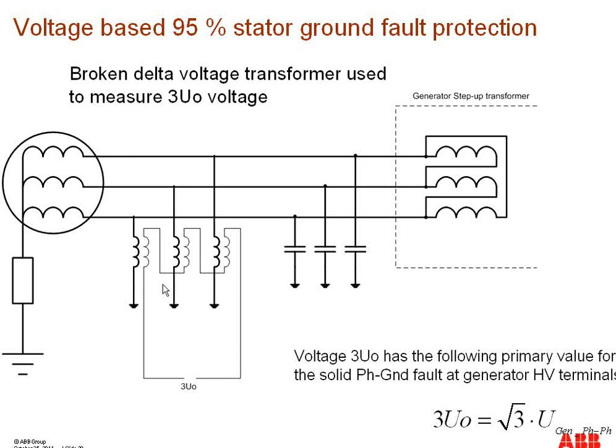But in both of these schemes, at best, what we can do is cover 95%, and in certain cases, it can cover only up to 80% of the winding. So the rest of the 20%, or in worst cases it is 20%, but in good cases at least 5% will remain unprotected.